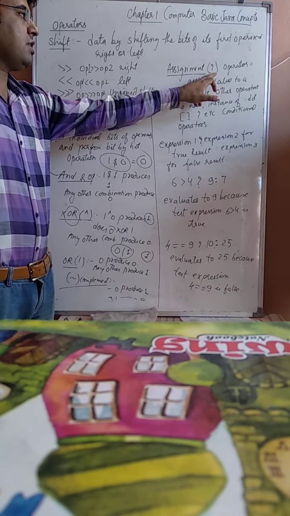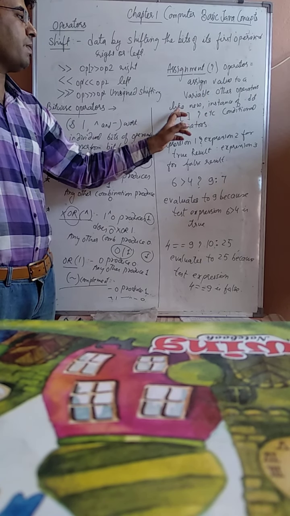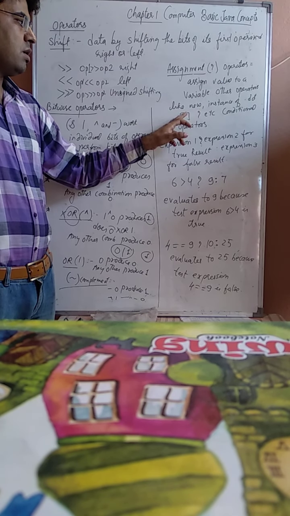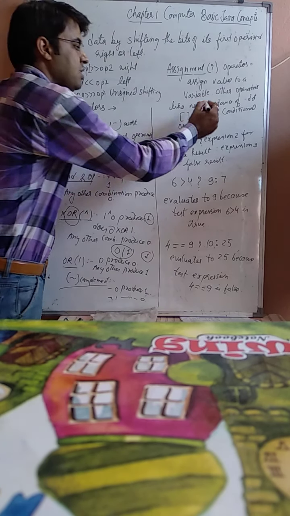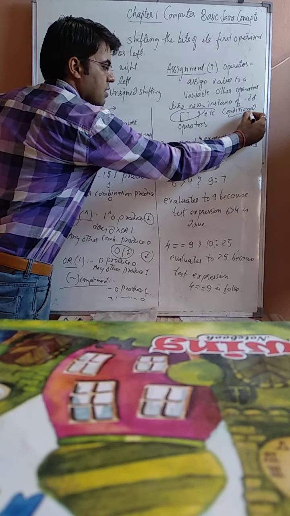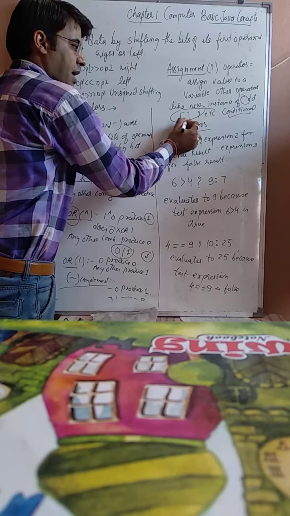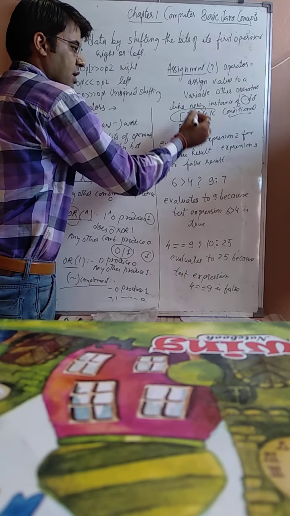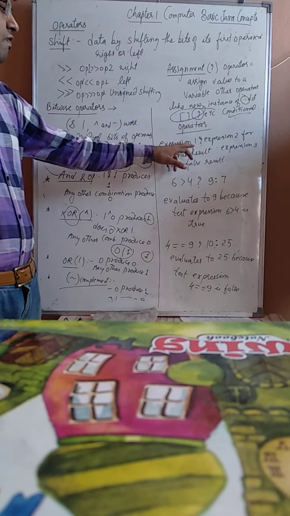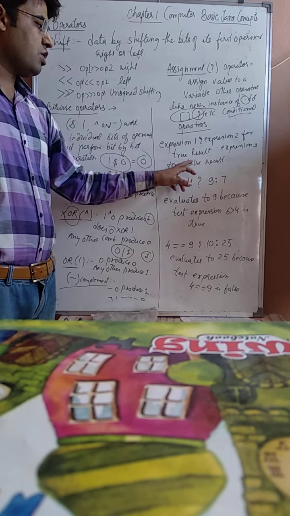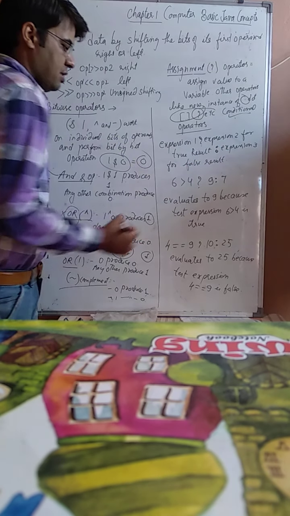Now assignment. This sign is for the assignment. The operator assigns a value to a variable, and other operators like new, instanceof, dot, brackets and question mark are known as conditional operators. For example, we take expression 1, expression 2 for the true result and expression 3 for the false result.